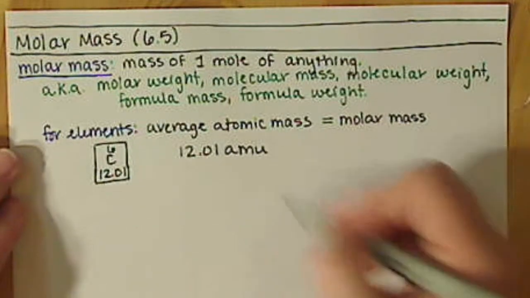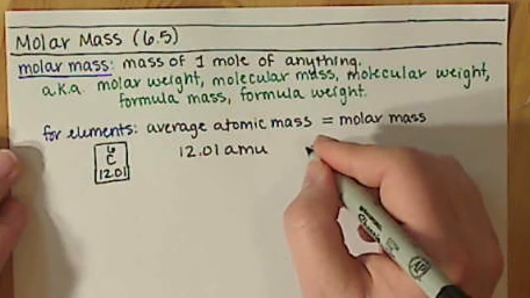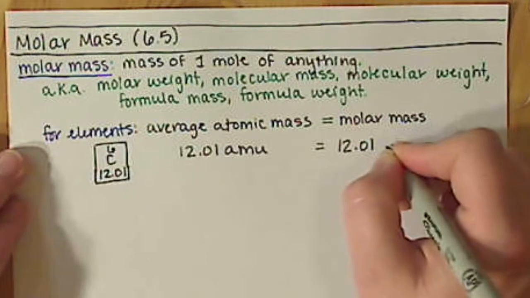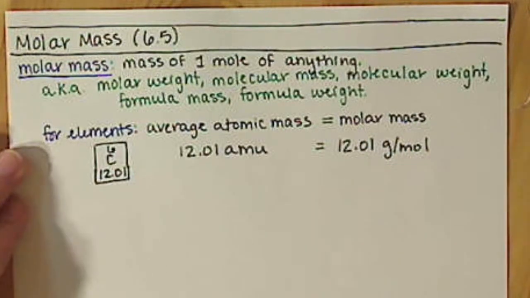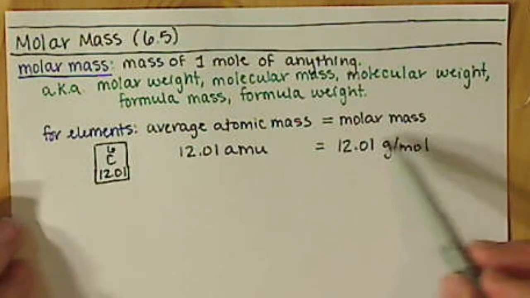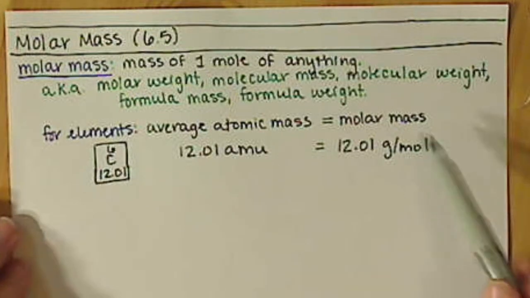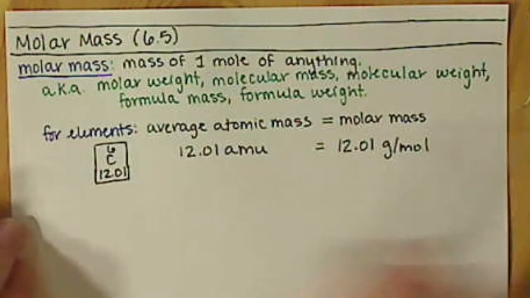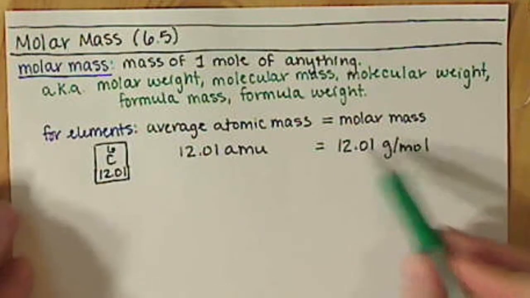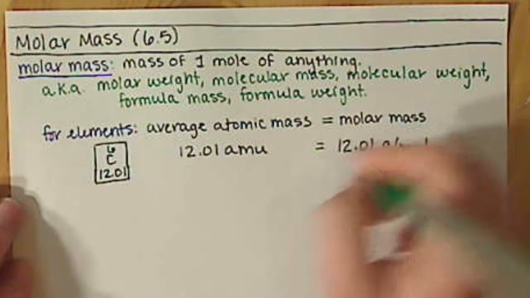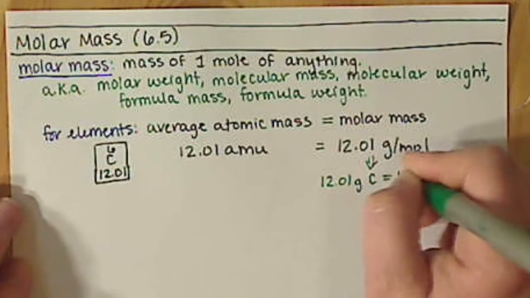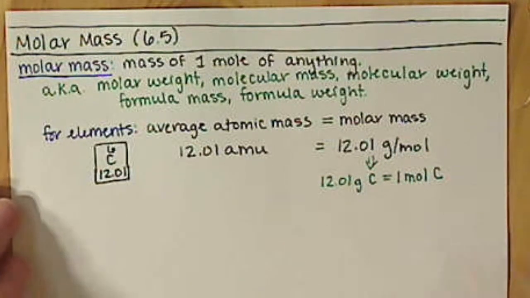Because those AMU units don't help us out, we're going to put that in terms of molar mass. So we have 12.01 grams per mole. And what that means, remember when we have two units like this, unit per unit, that lower unit means it's per one of that. So we're going to have 12.01 grams of carbon in every 1 mole of carbon.